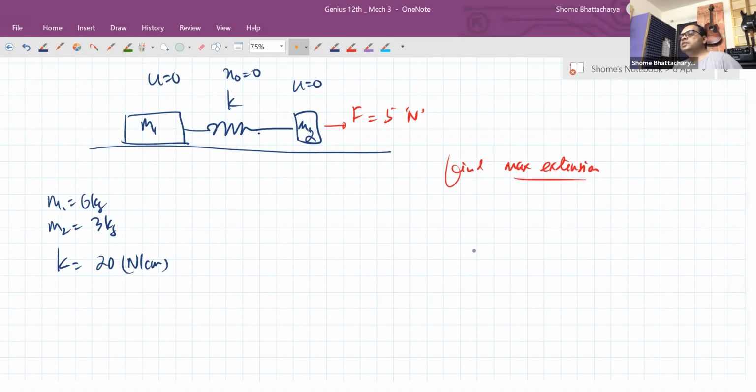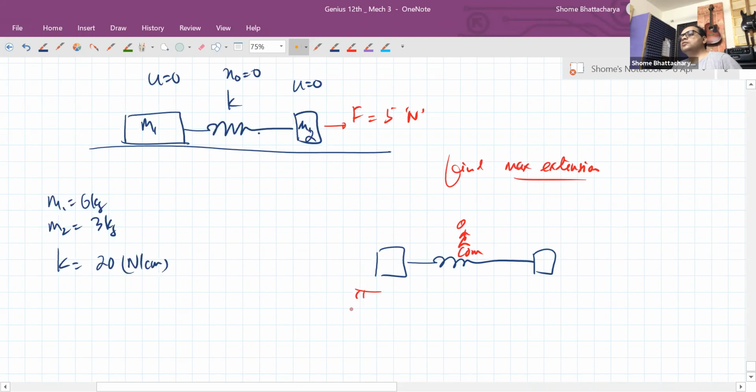So the thing is, you have to understand that this is doing that SHM in the center of mass frame. With respect to center of mass, you have to understand that this is doing that SHM. Okay. Where with time, this will move like this. With time, this will move like this.